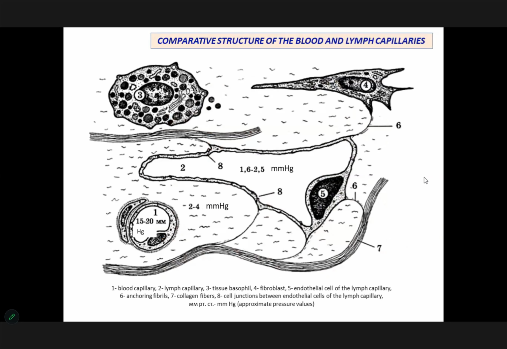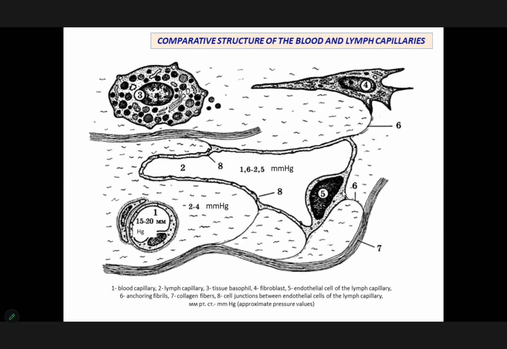Here you can see the difference between the structure, histological structure of the lymph capillary and the blood capillary. This is the somatic type of blood capillary. And endothelial cells of lymph capillary are much larger. This is the first difference. Larger endothelial cells.